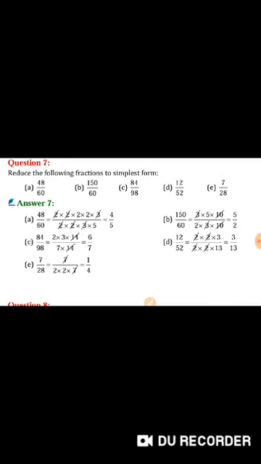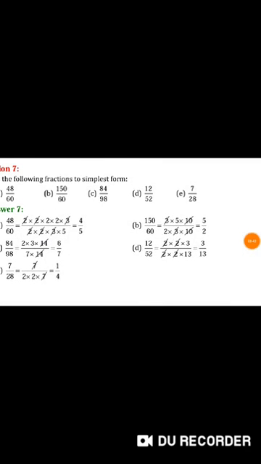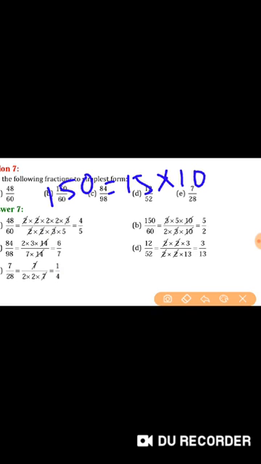Again 150 by 60. So now 150 by 60. So 150 also we can write in factors like this. See, 150 can be written as 15 into 10. Like this also we can write the factors. So 15 again is 3 into 5. 10 also is 2 into 5.